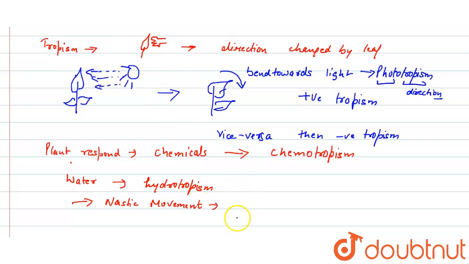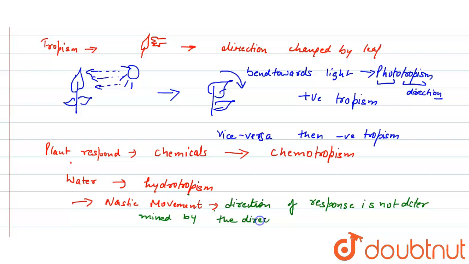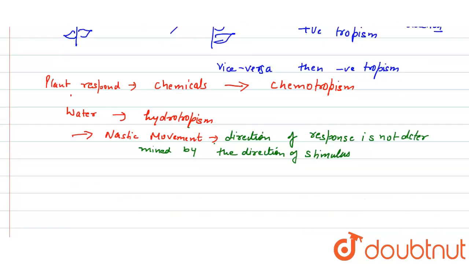If we look at the definition of nastic movement, then we can say the direction of response is not determined by the direction of stimulus. This is called as nastic movement.